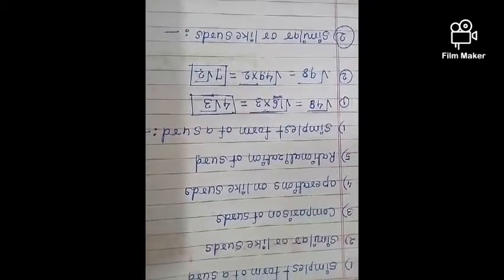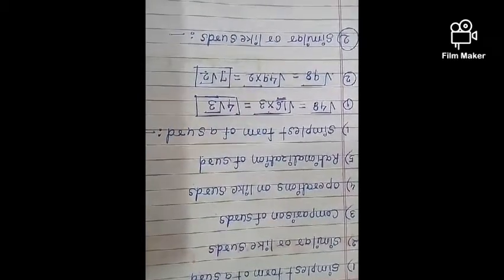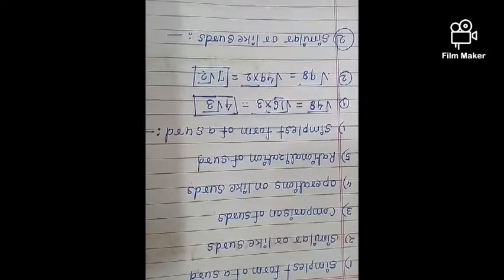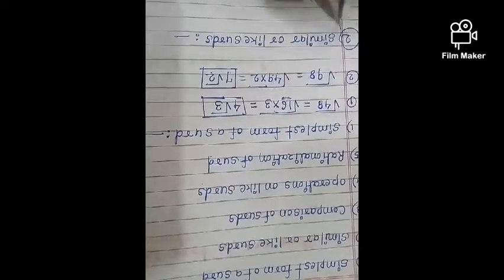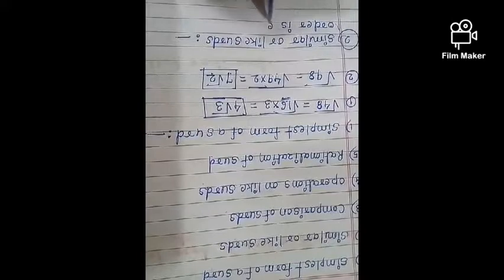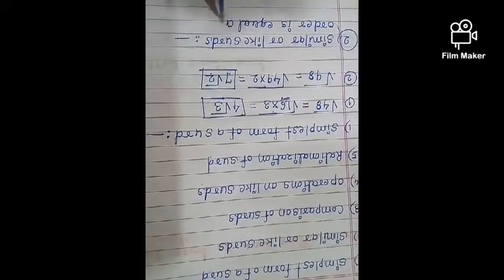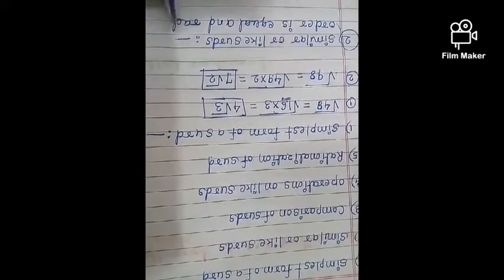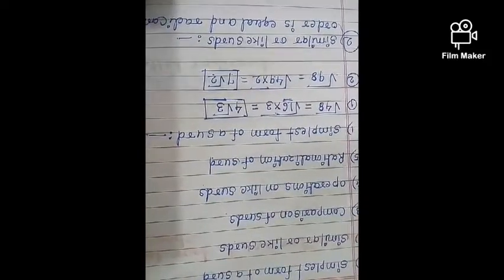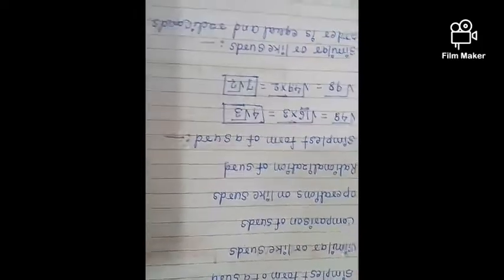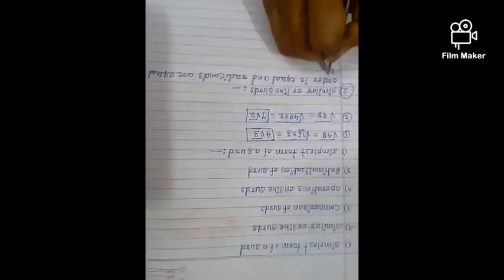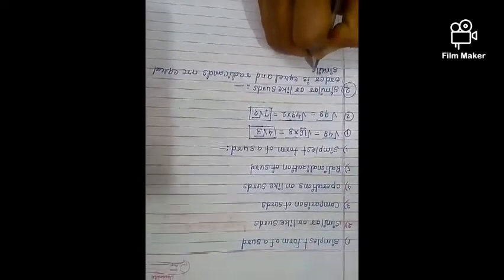Two surds are said to be like surds when their order is equal and radicands are equal. Order is the same and radicands are also the same. These are called similar or like surds.